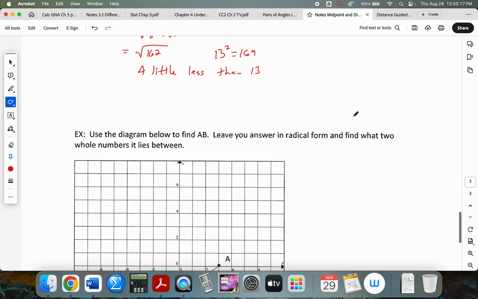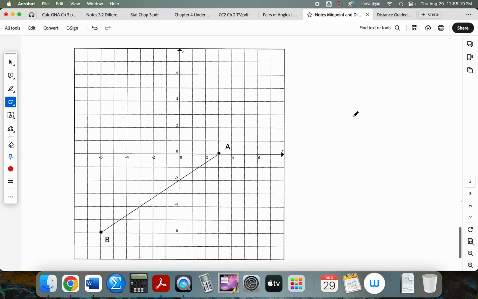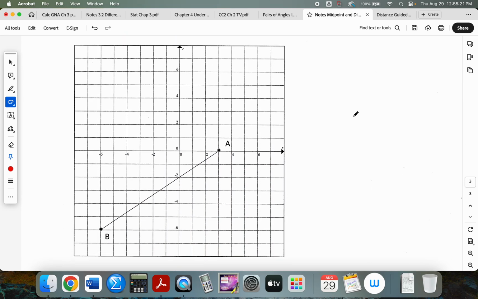All right, last thing. If they give you a diagram, you can put the coordinates on it and use the distance formula if you want to, or you can just do the Pythagorean theorem. It's entirely up to you. This is 6. 1, 2, 3, 4, 5, 6, 7, 8, 9.